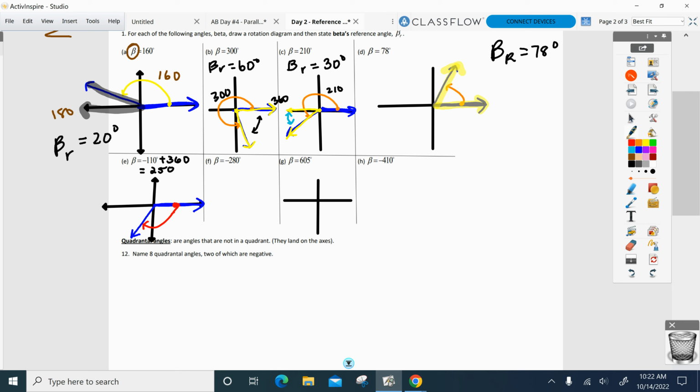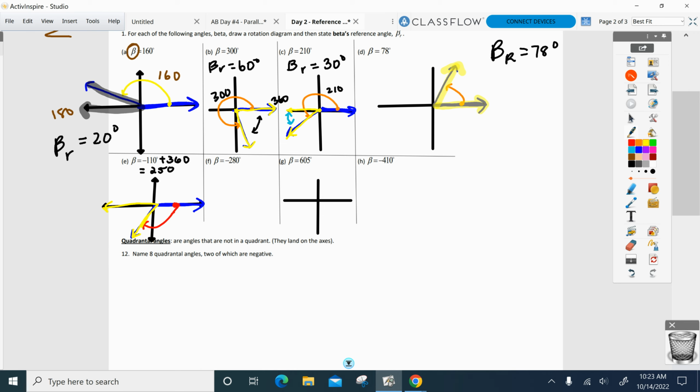All right, reference angle. Ready? Terminal side and x-axis. Use 250. Don't go back to the negative 110, because life's going to be pretty troublesome. Go back to the 250.